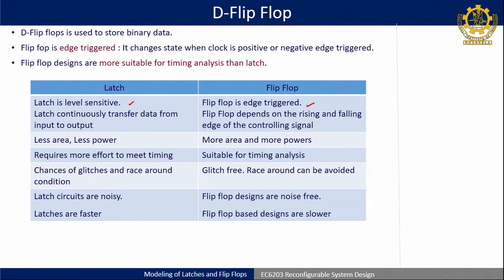That means, if enable is high or asserted or always on, then it will continuously transfer data from input to output, and the stored data will be available at the output Q. Okay. And in the flip flop case, it depends solely on the rising or falling edge of your clock. Without that, it can't initiate any storing process.